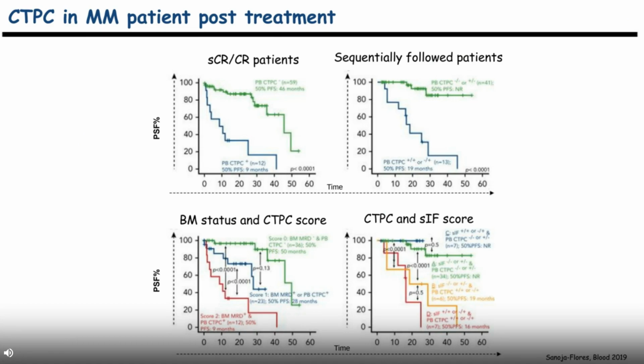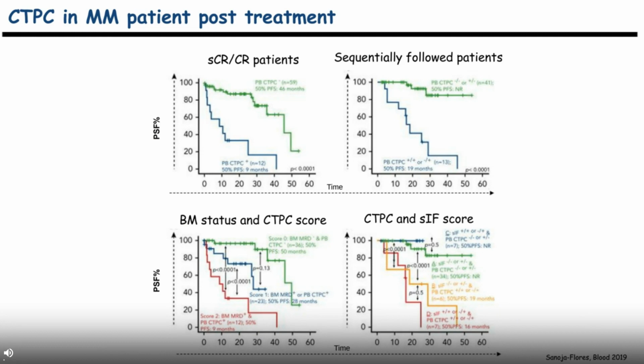When considered overall, circulating tumor plasma cell positivity was associated with an increased risk of relapse, as you can see in the upper left side of the slide. In addition, we could demonstrate that circulating tumor plasma cell positive patients have a significantly worse prognosis than those who are bone marrow MRD positive and circulating tumor plasma cell negative.